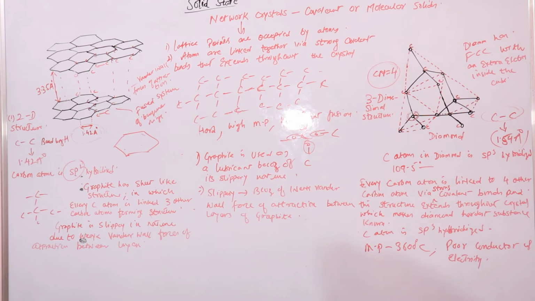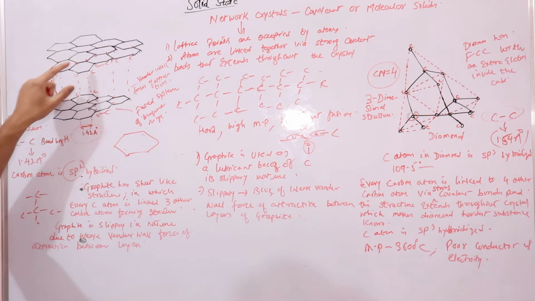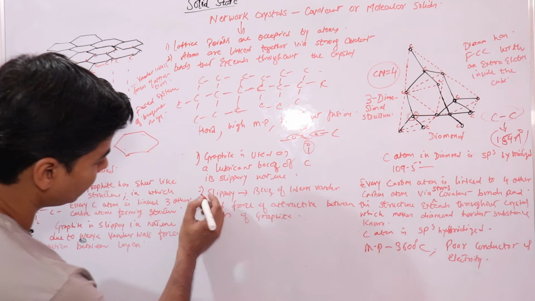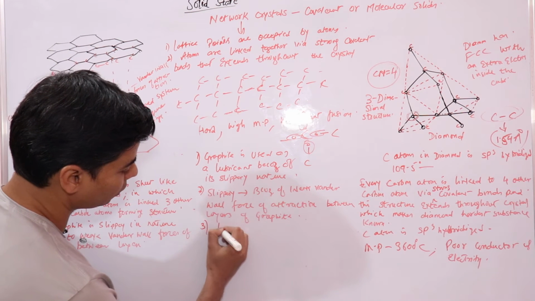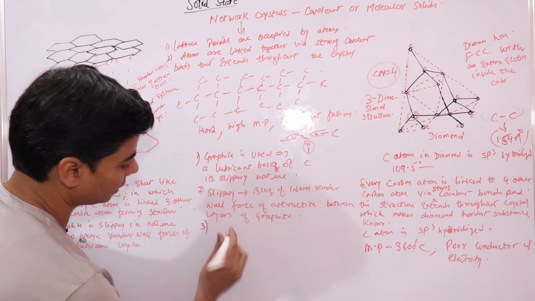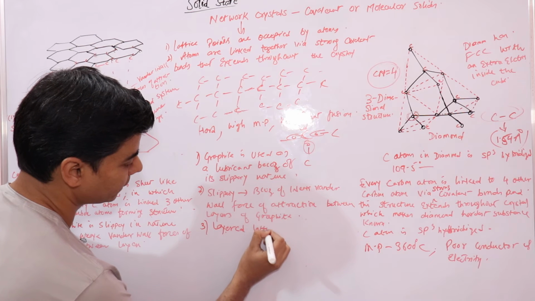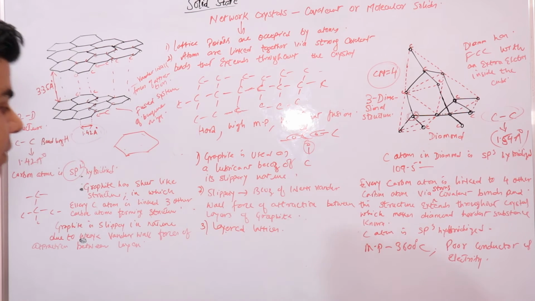slip over the other. So this kind of structure, wherein one layer can slip over the other due to large distance between the layers, forms what we call layered lattices. So graphite has a layered lattice structure.